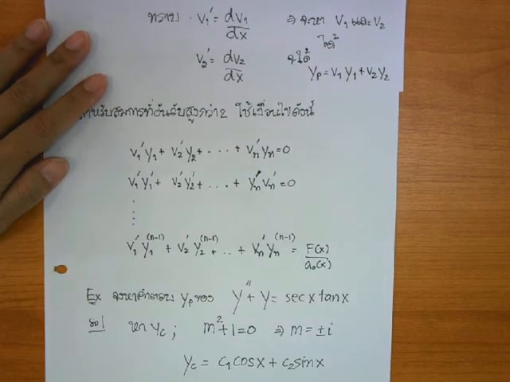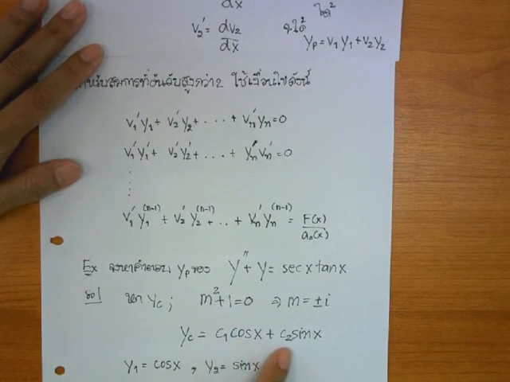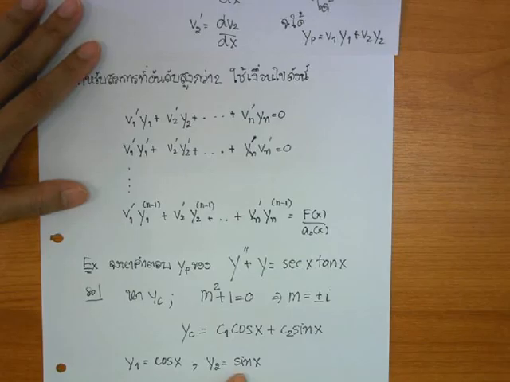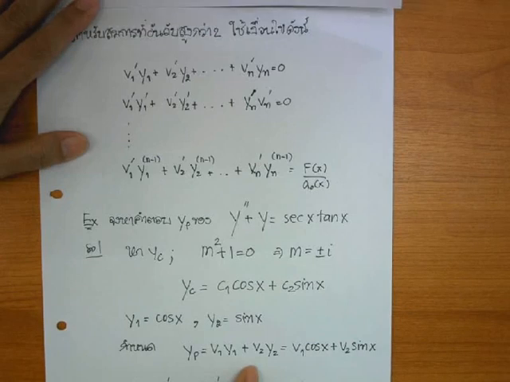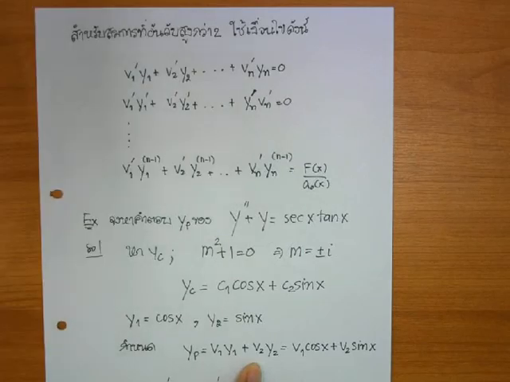From that, our y1 is equal to cos x and our y2 is equal to sin x. Then we can assume our yp. yp is equal to v1 y1 plus v2 y2.